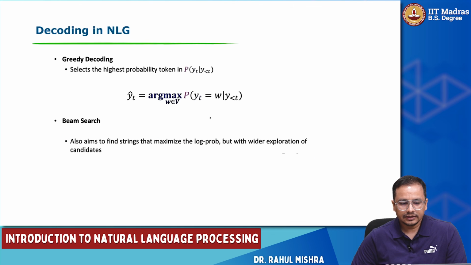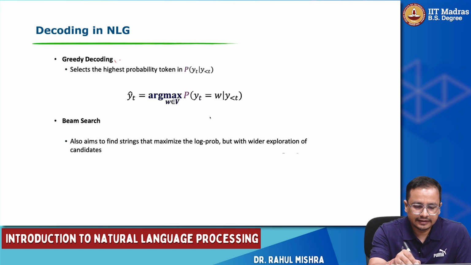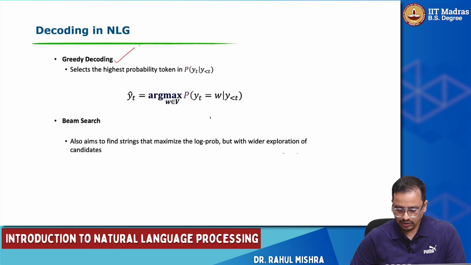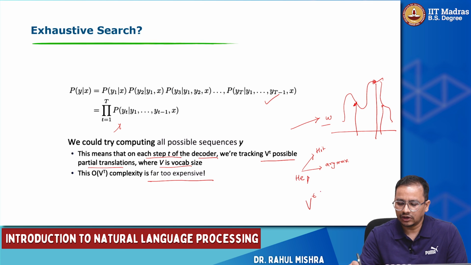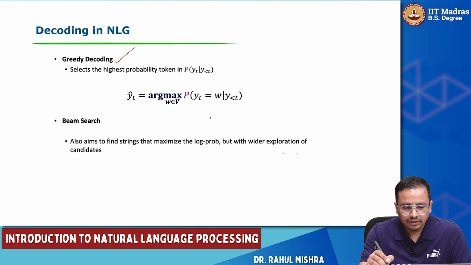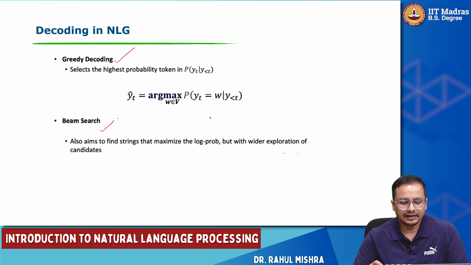Moving on, we have already seen that greedy decoding doesn't work, and exhaustive decoding will be too expensive, calculating all these combinations and running for each combination. So some researchers have proposed beam search as an alternative.